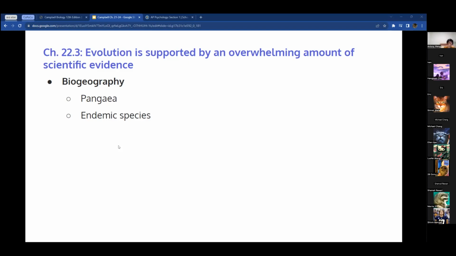As those continents drifted apart, the species that used to be able to move between continents were separated by natural barriers. This results in very different populations on different continents. The further away these continents drifted, the more different the life there is.